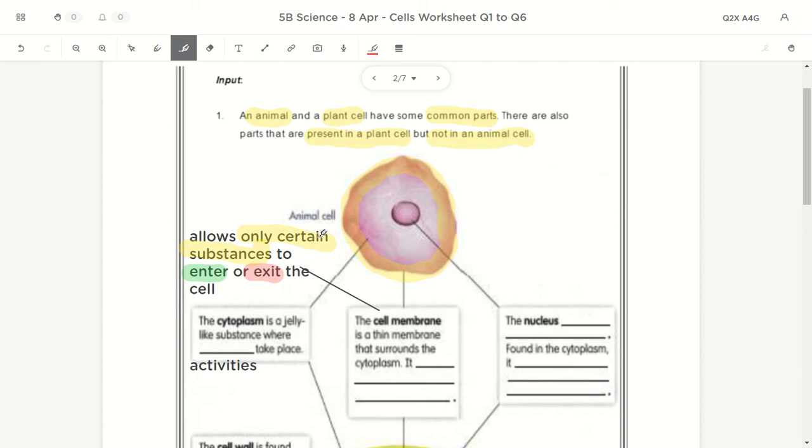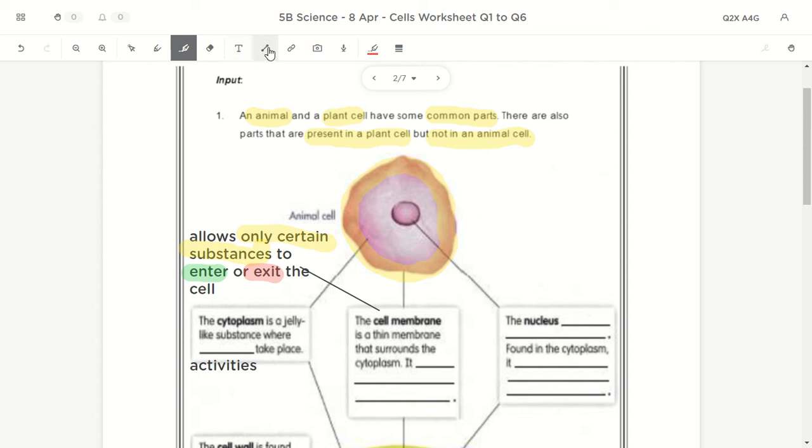It controls things that exit the cell. It's not like an open hole where anything can go in, anything can come out. It's like a gatekeeper. It allows certain things to come in, allows certain things to go out. Things that it doesn't want, it allows to go out. Things that it wants, like food, like water, like air, it allows to enter the cell. So it's like a gatekeeper in a certain sense. So that's the function of the cell membrane.